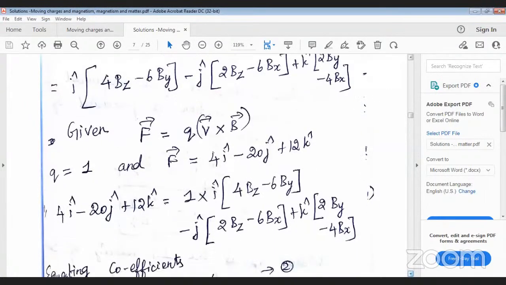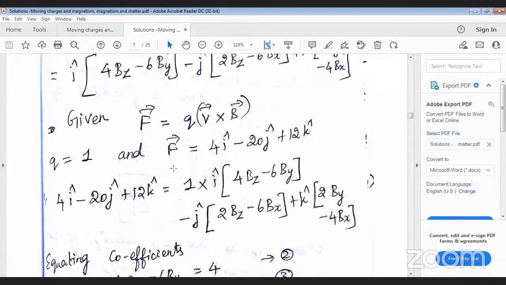Here you can see q equal to 1, f equal to 4i minus 20j plus 12k. Okay. So after simplifying this, here you know very well bx equal to by equal to b and bz equal to b naught.